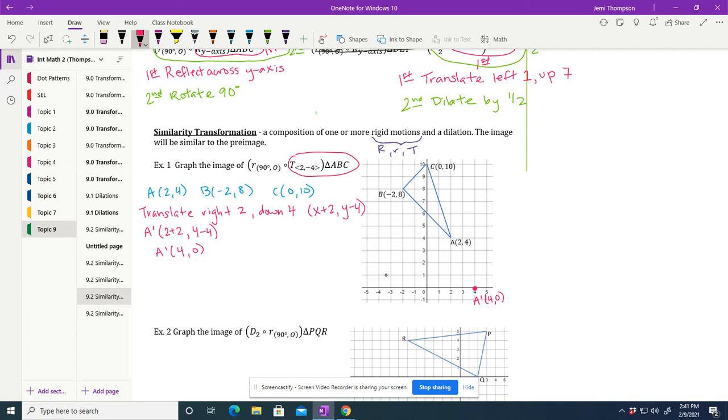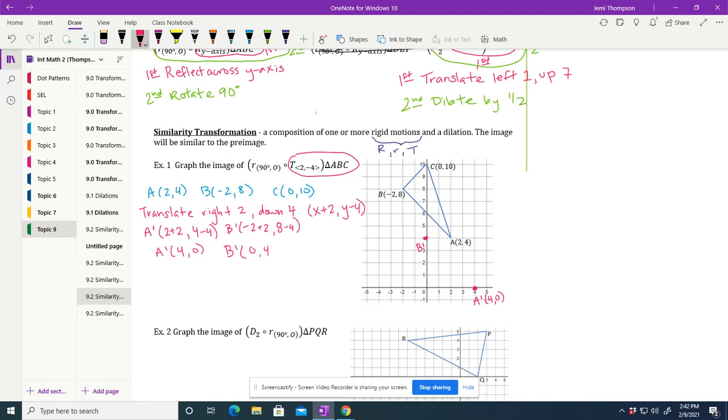So if I take B and I go right 2, down 1, 2, 3, 4, and I count, I end up right here. Or if I focus more on my coordinate here, -2, so I would add 2, and then I have 8, and I would subtract 4.